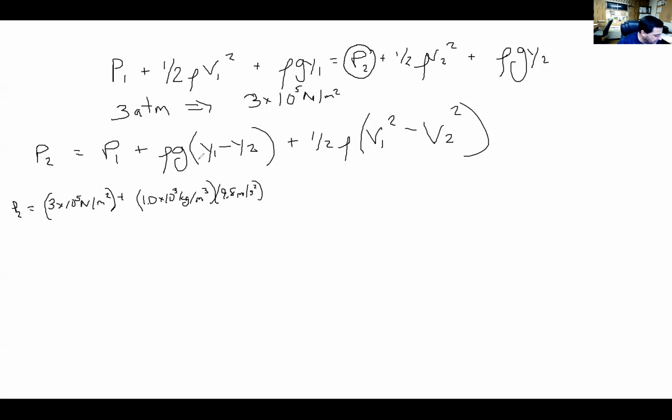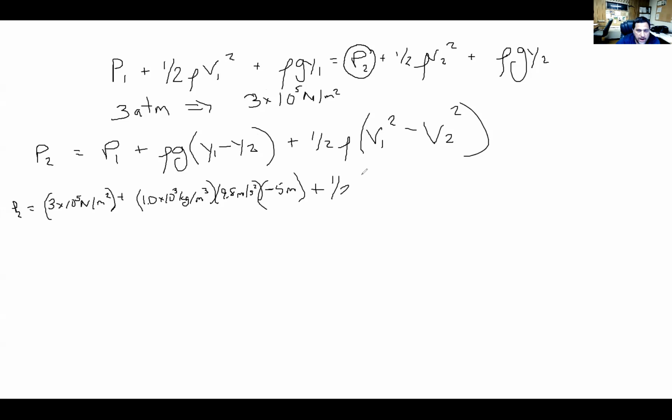So there's my gravity. Then Y1 minus Y2 is negative 5 meters, because it's 0 minus 5, since Y2 is the upper floor, hence the negative 5.